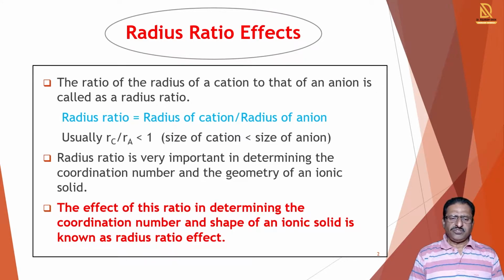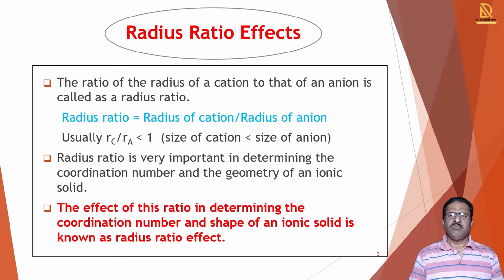So radius ratio is very important in determining the coordination number and the geometry of the ionic solid. From the radius ratio we can get the coordination number of the cation and anion, and also the actual geometrical shape of that ionic solid.